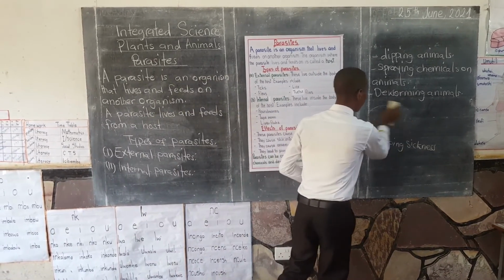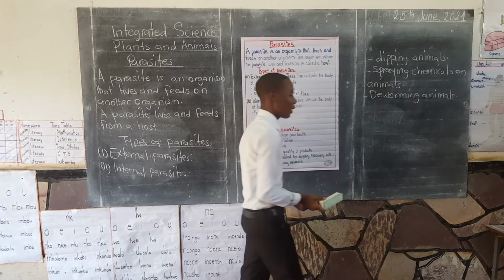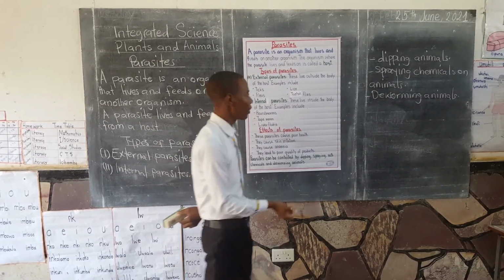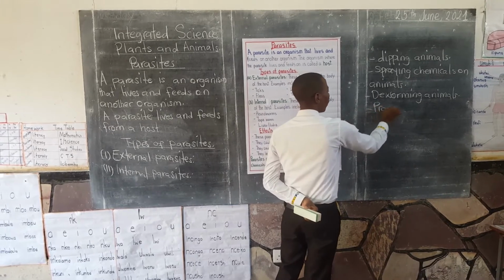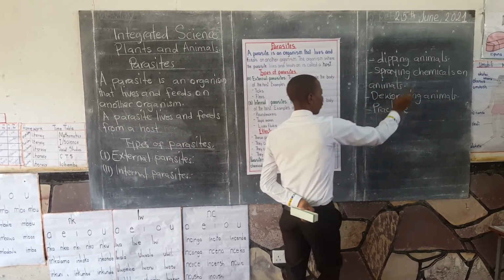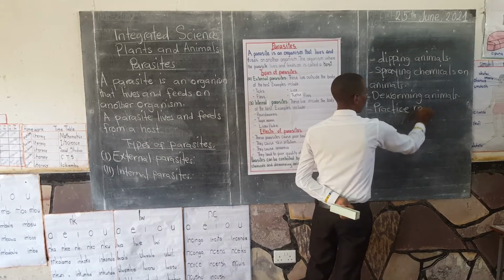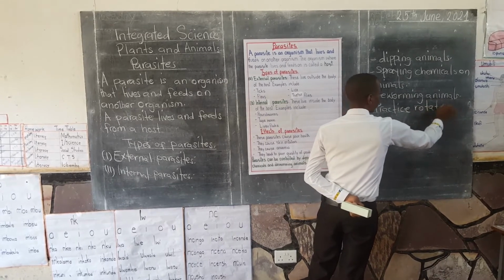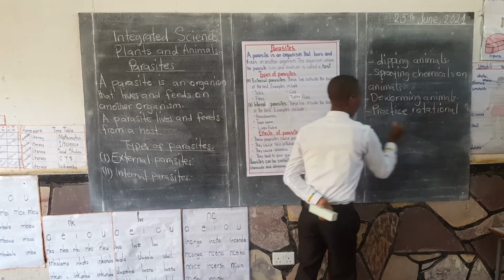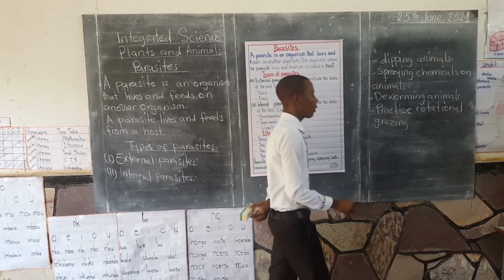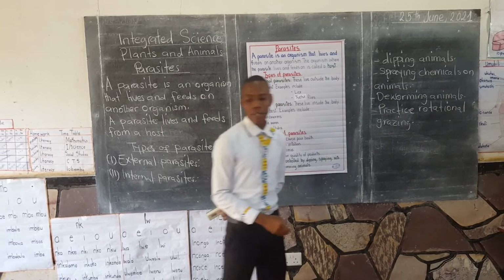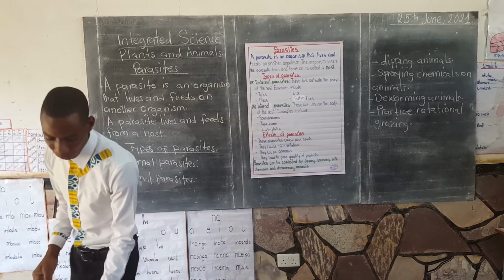Apart from deworming animals, dear viewers, you can also practice what we are calling rotational grazing.